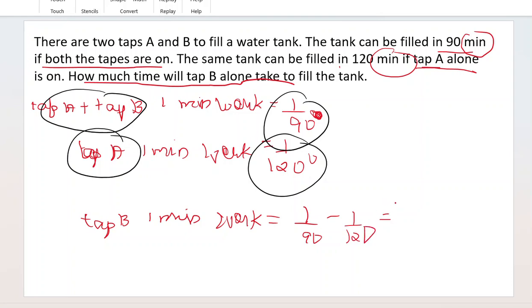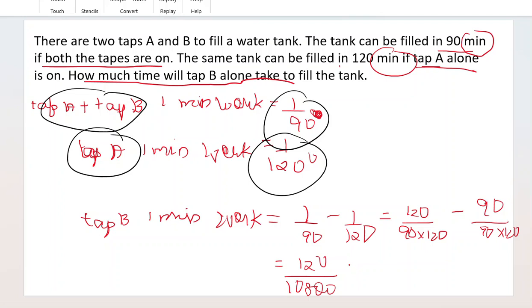To get this answer, I have to use cross multiplication, making the denominator the same. Now I multiply 120 on top, and I do 90 into 120. Again I do 90 here, and I do 90 into 120. Now this will give me 120. The base, you can see 90 into 120 is 10,800. Similarly, I get 10,800. This gives me 90.